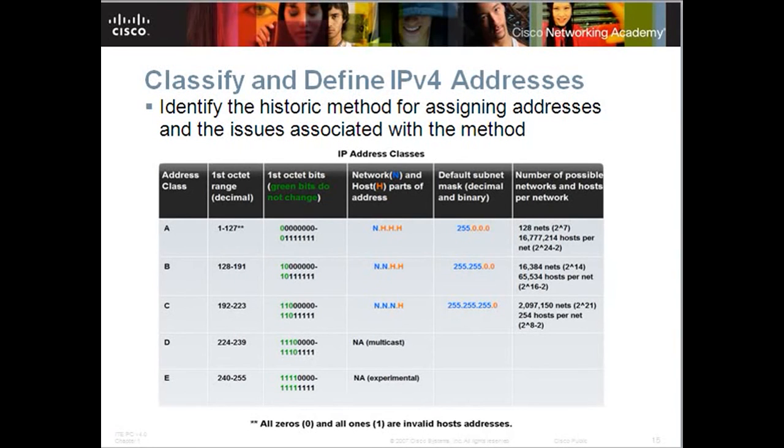In Class B, fixing the first 2 bits, 14 bits are varying, so 2 to the power 14 networks, and 2 to the power 16 minus 2 hosts in each network. In Class C, we have a wide range of networks: the first 3 bits are fixed, so 2 to the power 21 networks, and in each network 2 to the power 8 minus 2, that is 254 hosts.